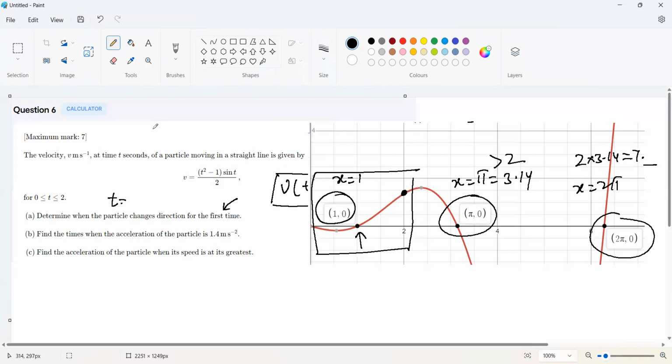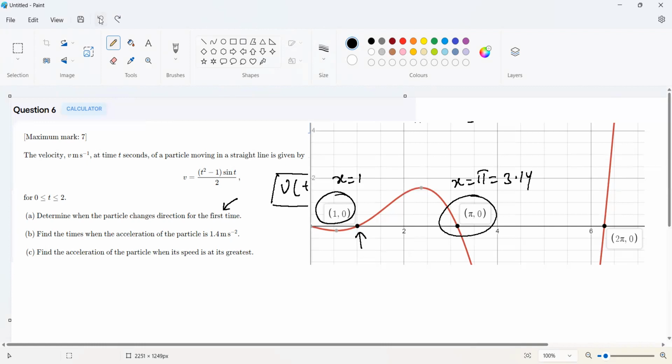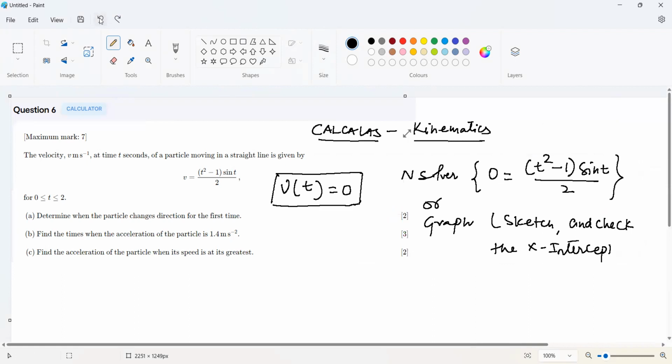So t is equal to 1 is my answer. Are you getting this? Just sketching it and getting the answer. That is what paper 2 is. If you have at least a nominal concept clear, then you can get the answers. So sketch it and get the answer.